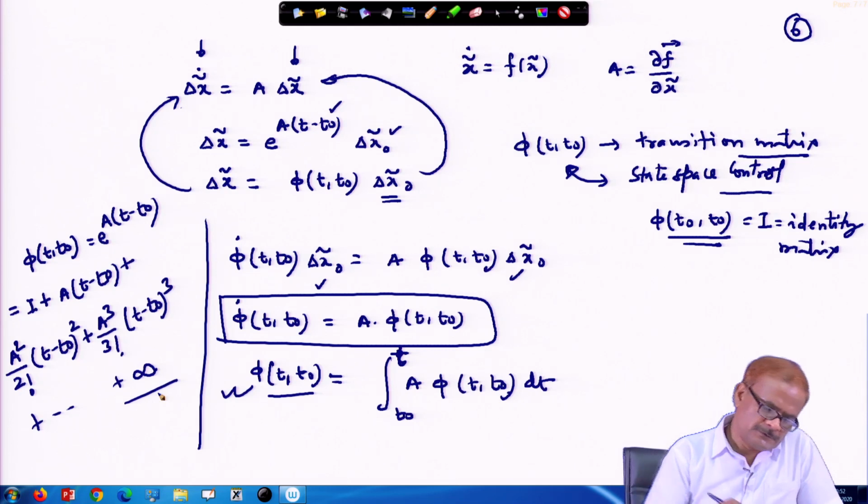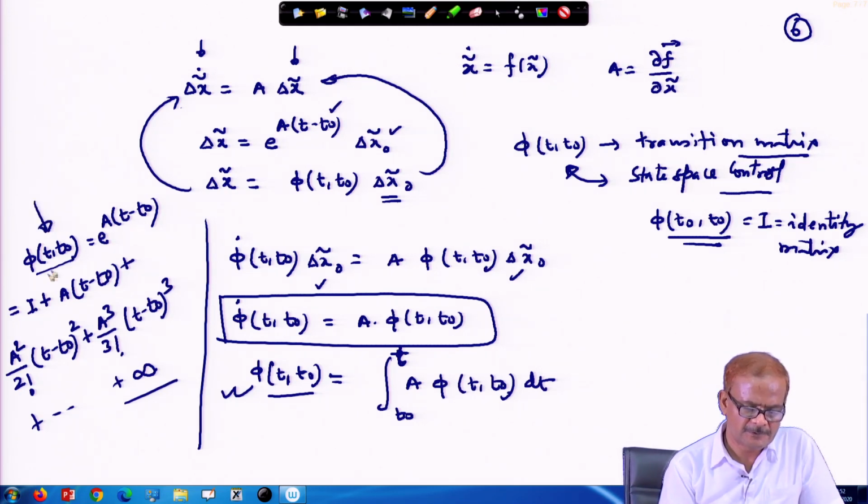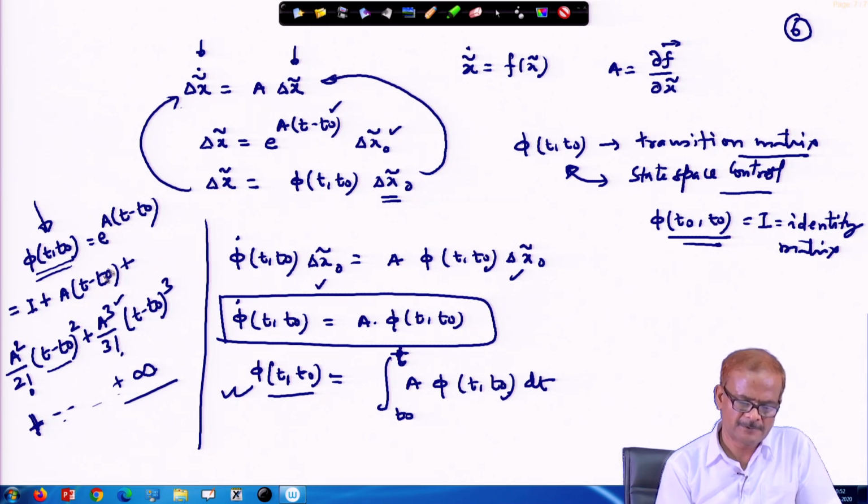Okay. So, this method of evaluating the transition matrix at different instants of time is costly because you have to keep multiplying the matrices one after another, okay. And the more terms you take, the more accurate this will be.